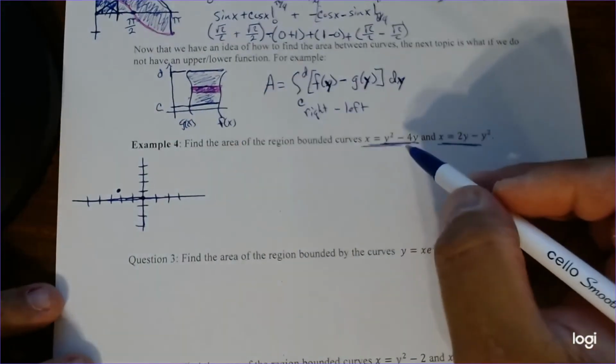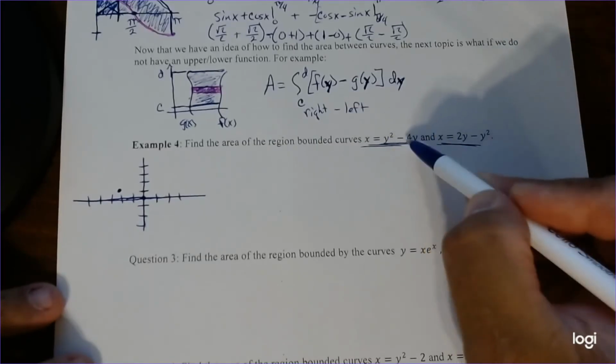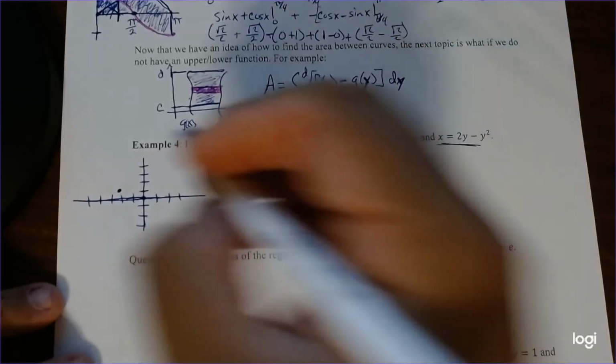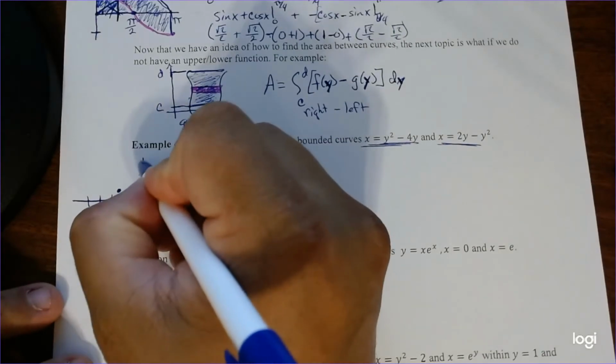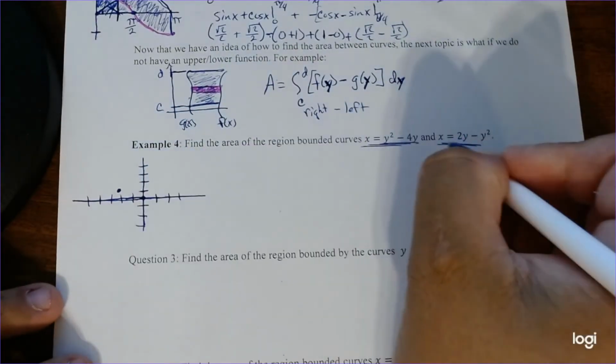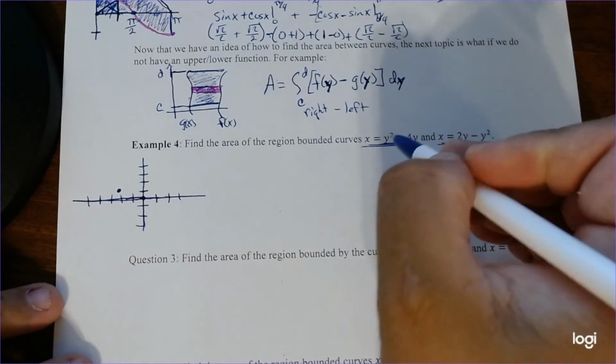When I plug in y equals 2, this is going to be 4, and this is going to be negative 8, so it's going to be negative 4. So when y equals 2, x is going to be negative 4. Right? Did I get that right? Yeah.